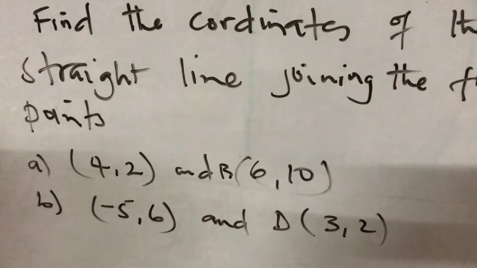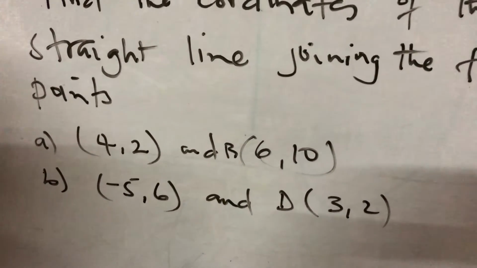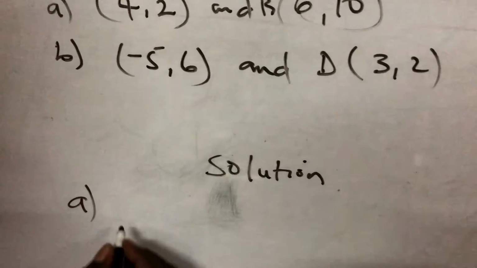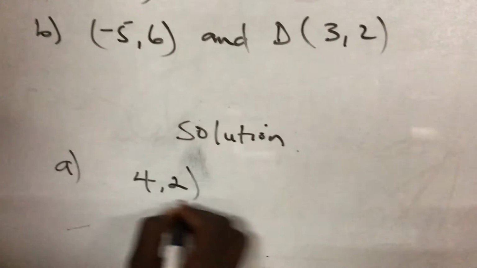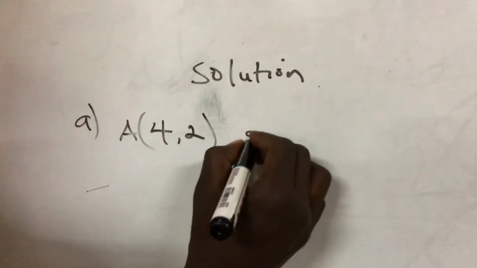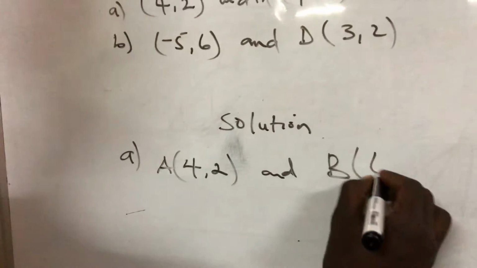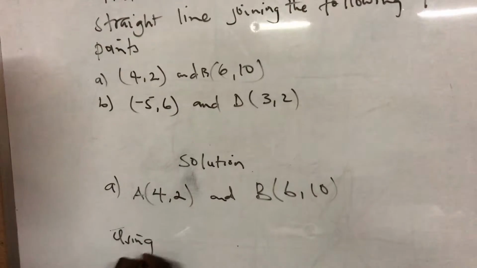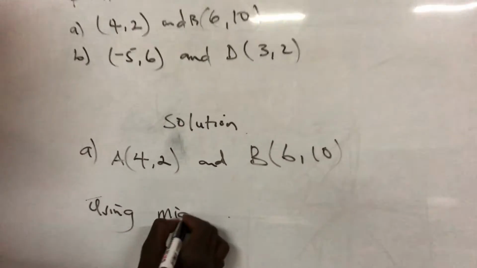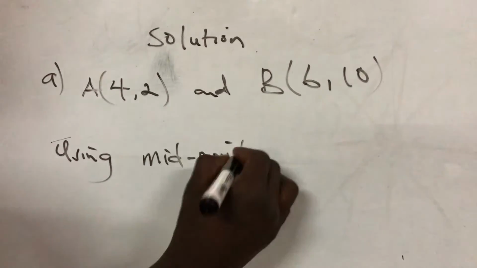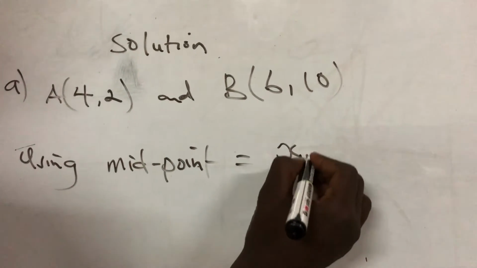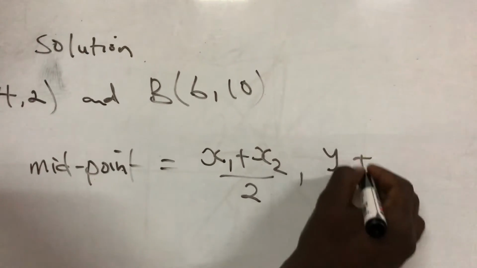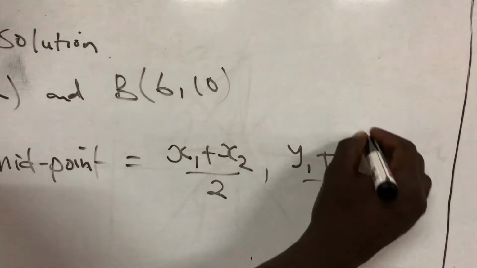This is part B. So, in our solution, let's take the first part A, which had (4, 2) for the first point, and (6, 10) for the second. Using the midpoint formula, the midpoint is equal to (x1 plus x2) divided by 2, (y1 plus y2) divided by 2.